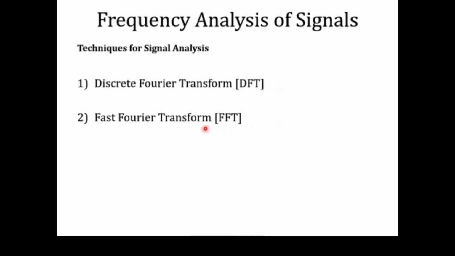After discussing DFT, we will discuss FFT algorithm and also perform its computational analysis, and finally we will compare the performance of both DFT and FFT in terms of the number of computations required for the calculation of Fourier transform.